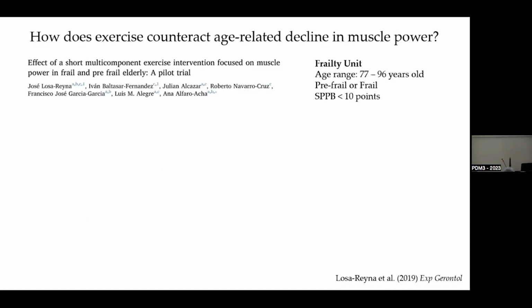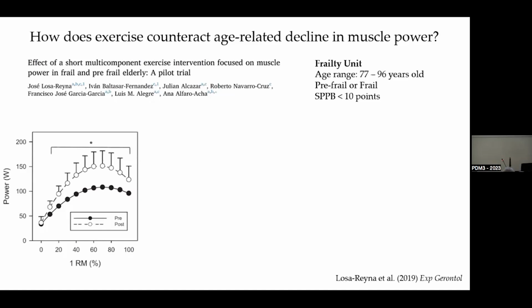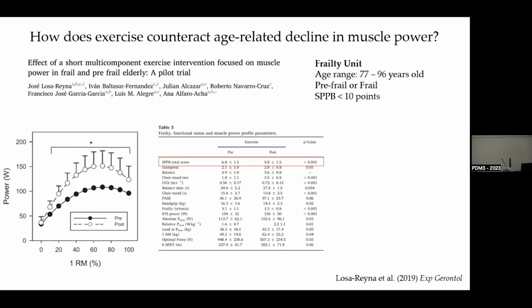In a different kind of patients, in this case from a frailty unit, which is a unit we created to receive people that had suffered a fall and are then diagnosed as pre-frail or frail, we also observe that with a similar exercise program, using a treadmill and walking instead of a cycle ergometer, we found a substantial increase in maximum power, and also in physical performance.